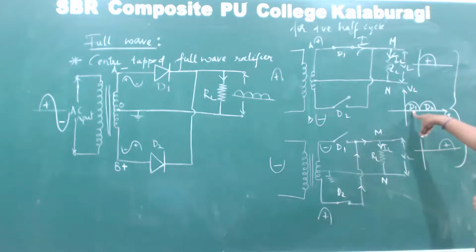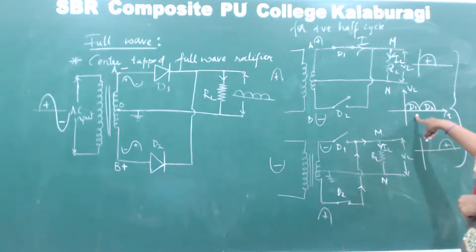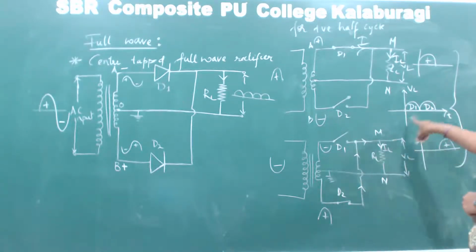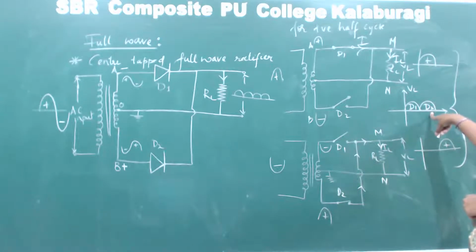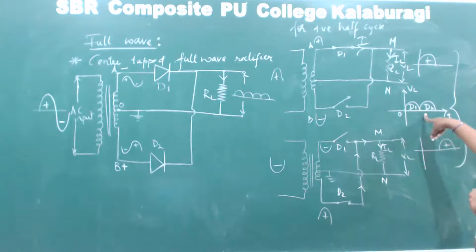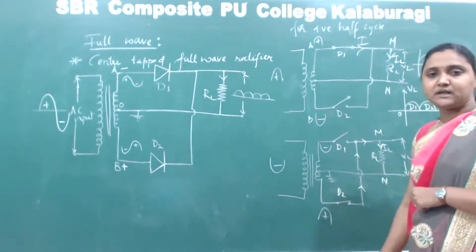For the positive half cycle, D1 is conducting and this positive half cycle is formed due to D1, and this is due to the conduction of D2. So this is going to form another half cycle for D2. Clear? So this is the overall output of the full wave rectifier, where this is the operation for the positive half cycle and this is for the negative half cycle.